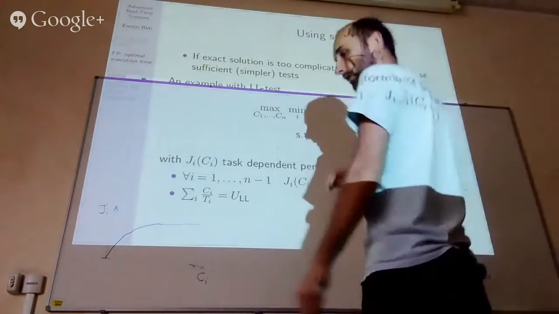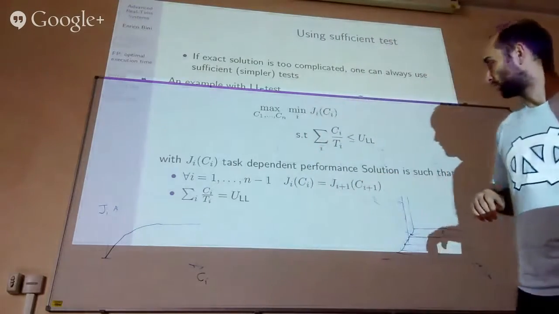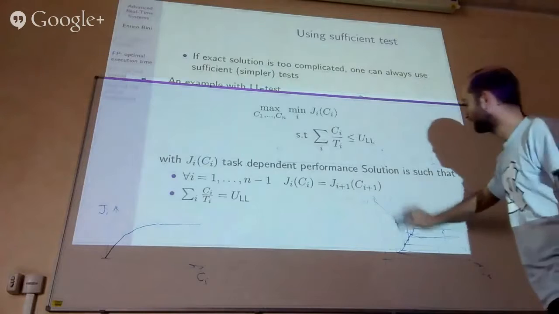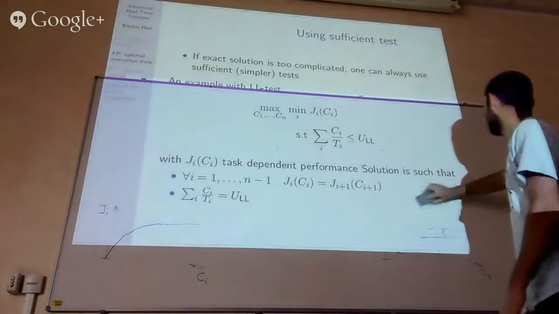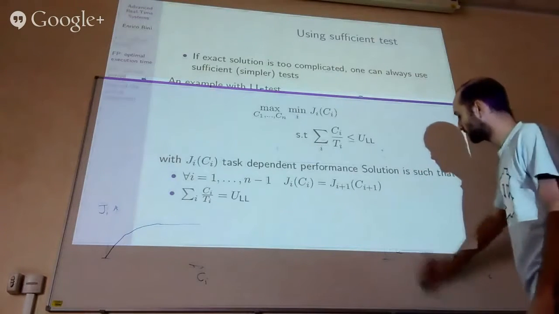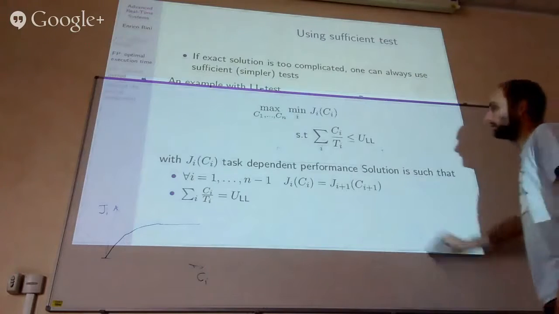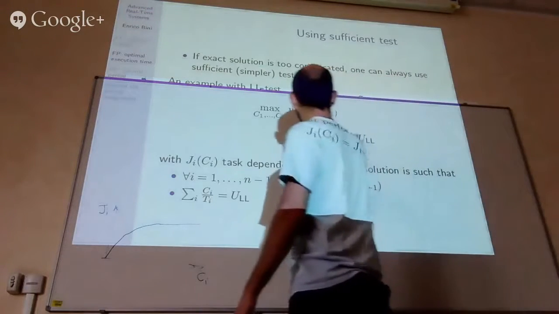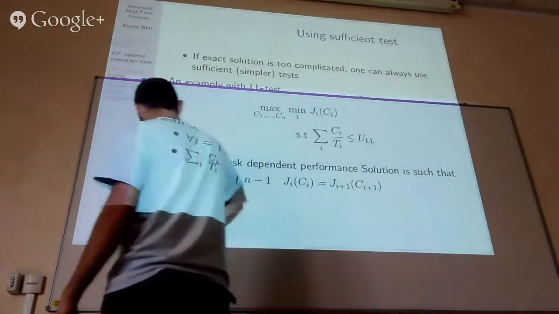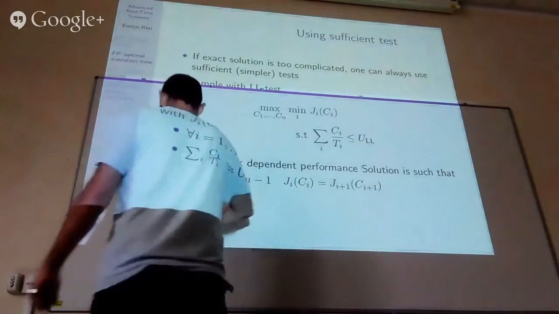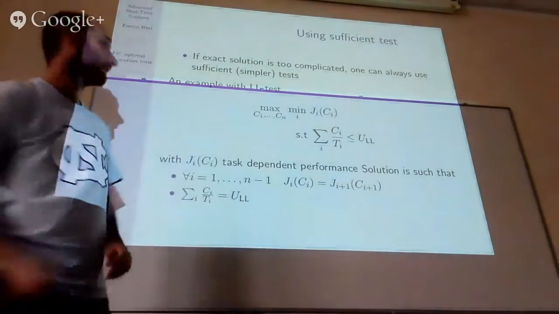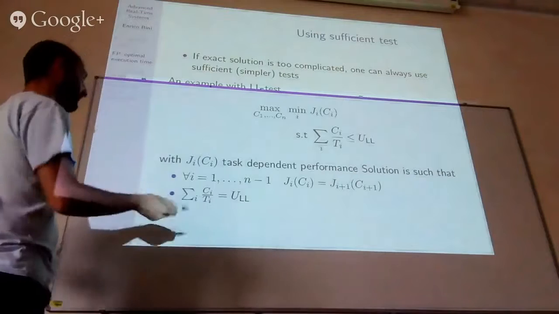Okay, this is always something that one can do. Of course, if finding the exact solution is complicated, one can always solve the problem over some sufficient test, which makes the solution very simple.